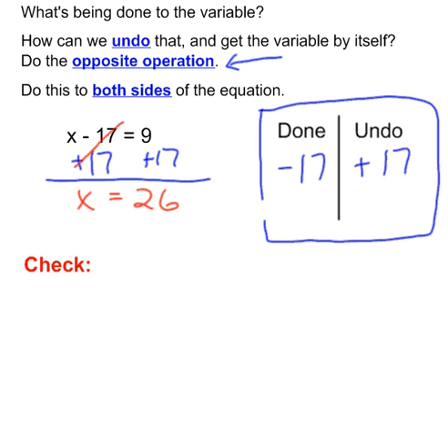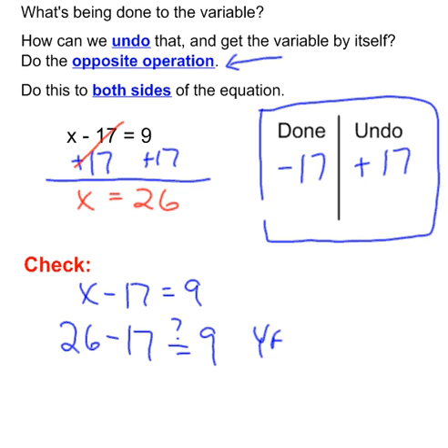And the way to check it is write the original equation down, and then just check it like we did in the first video for this section. We check it by plugging the 26 in and seeing if this is true. Is that a true statement?